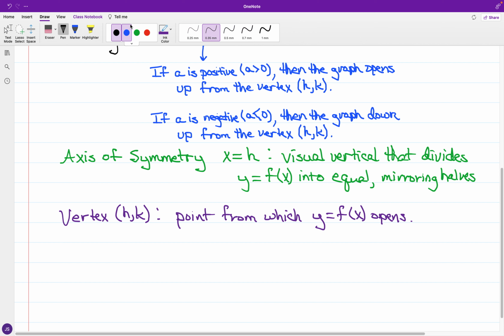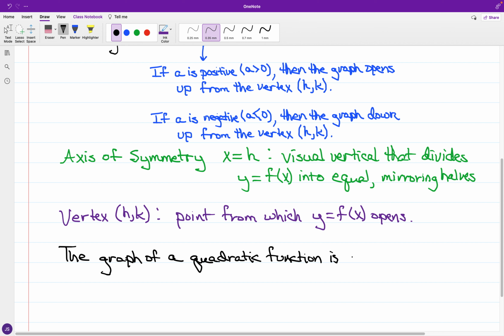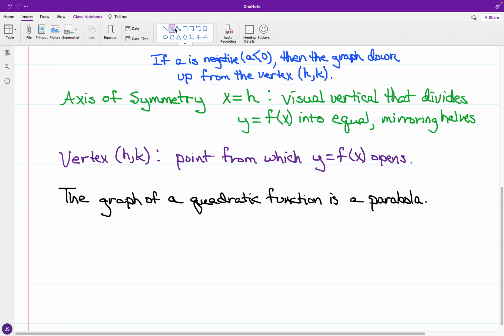And in terms of the kind of graph a quadratic function will be, it's going to be what is referred to as a parabola. And just a couple of visual layouts.